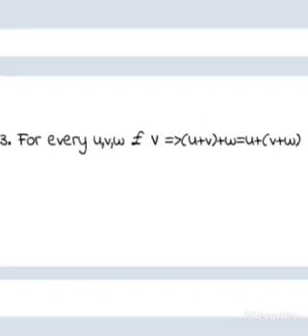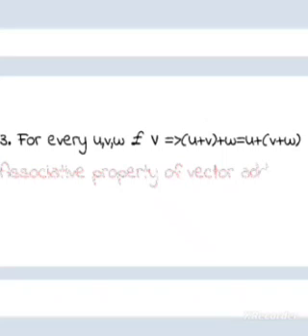So this is our associative law of vector addition, where when you open the brackets on both sides, they still give you the same sum of the vectors. So the right side is equal to the left hand side. So this is under vector addition. So we've treated three properties of vector addition.